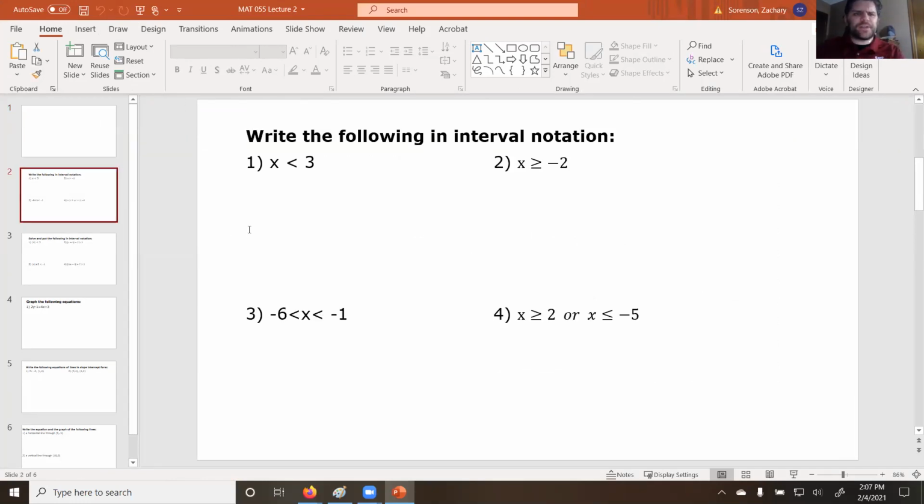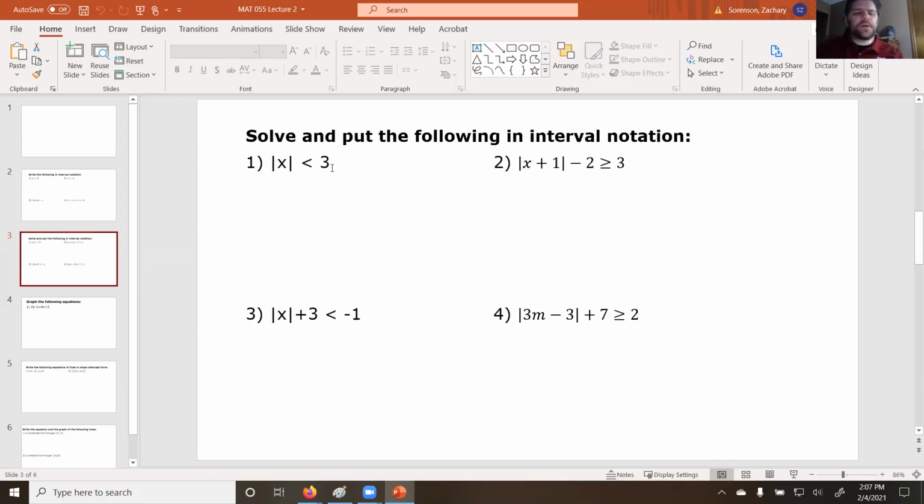So 2.6 and 2.7 are kind of lumped together in the video because they are heavily related. And well, this is what we're going to get into. We are going to still deal with absolute values, but instead of dealing with equations, we're going to deal with inequalities. And the process is actually pretty similar to equations. We just have a couple of wrinkles to deal with along the way.